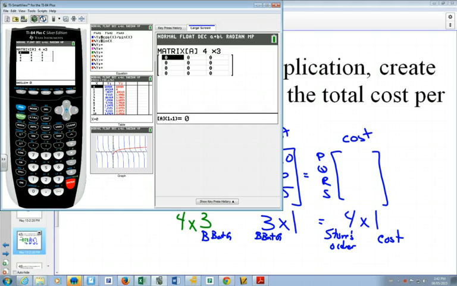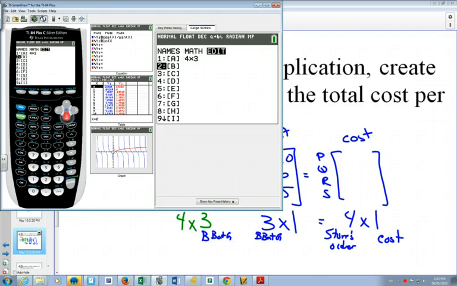And we can enter those numbers in. So there's my matrix A. I'm going to edit matrix B. And matrix B is a 3 by 1.